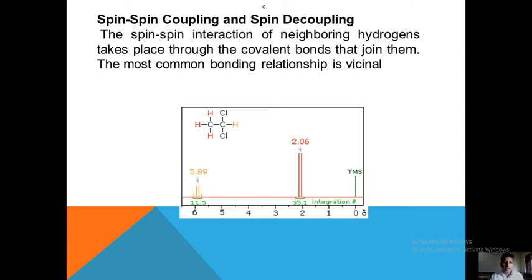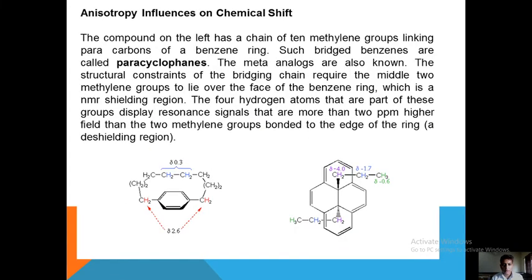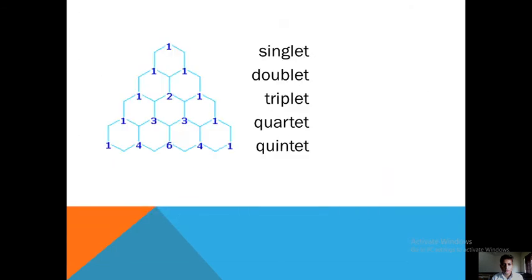There is a simple way of estimating the relative intensity of lines in a first order coupling pattern, and it is shown in the multiplicity pattern on the next slide. This array of numbers is known as Pascal's triangle, and it is easily extended to predict higher multiplicities.